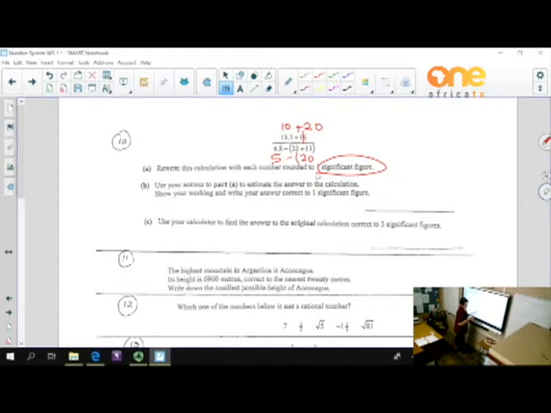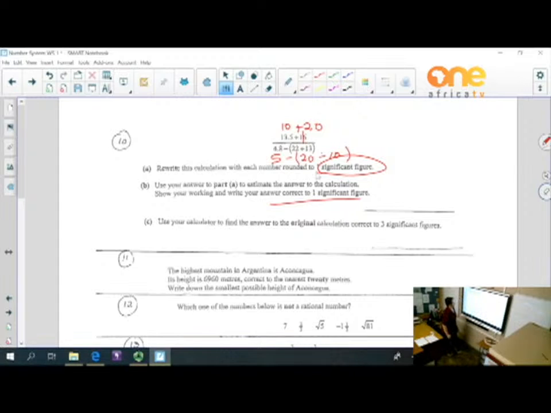And then this is divide by, and 13 is then also 10. So that's rounding it to one significant figure. Now they say use your answers. Don't do it on the calculator here. Use this to get your answer to one significant figure.